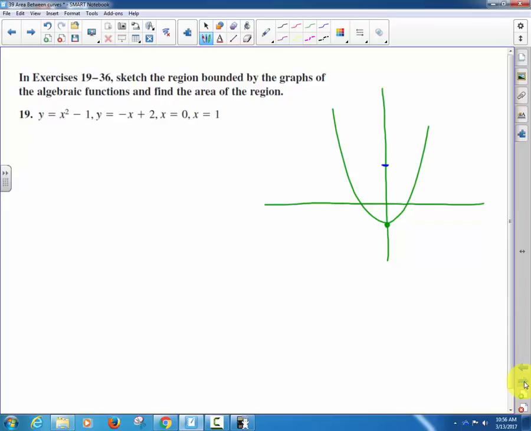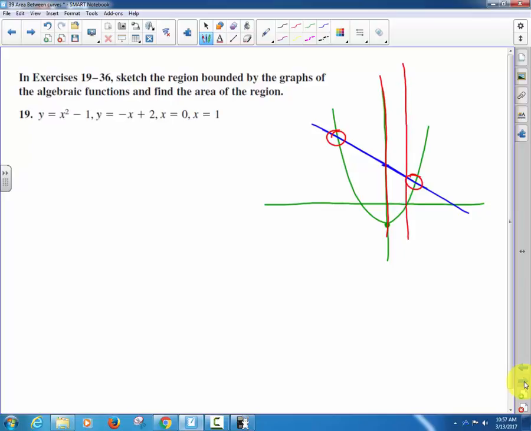Crosses at 2, and it's going downstream, something like that. Okay? Now, do we need to find these 2 points here? Okay? Right, look at what else we're told here. We're told x equals 0, which is this line, and x equals 1, which is this line.